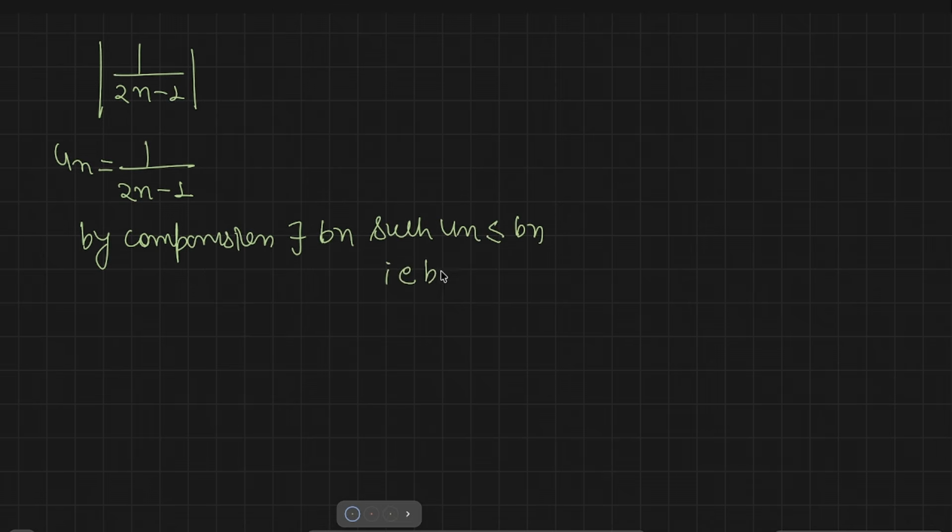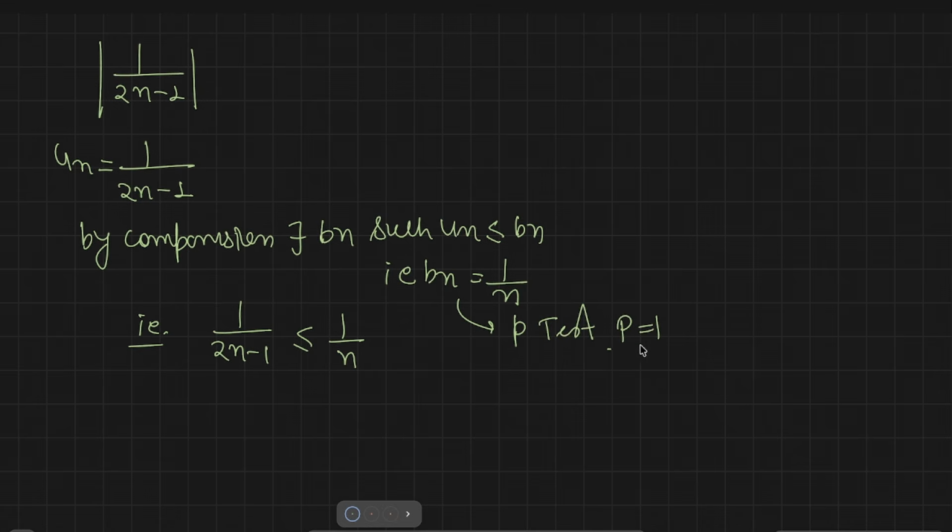It means, removing the constant, bn is 1 by n. It means that 1 upon 2n minus 1 is less than or equal to 1 by n. And all of you know that this 1 by n, by p test, p is equal to 1, it means it is divergent. Once it is divergent, it is divergent by comparison test.